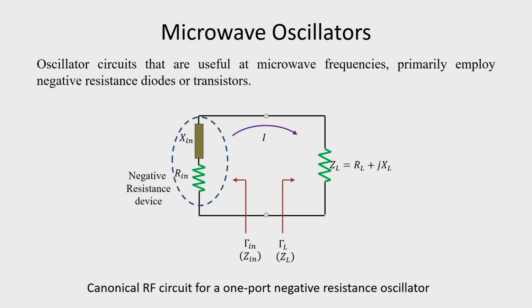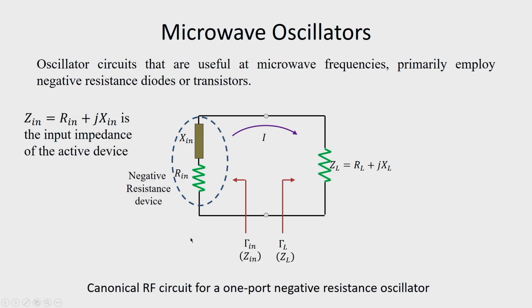Now, as we have already discussed while discussing the devices, negative resistance here implies the generation of RF energy, whereas when the resistance is positive, it dissipates the energy. Now, if you consider this circuit, we find that Zin, which is equal to Rin + jXin, is the input impedance of the active device.